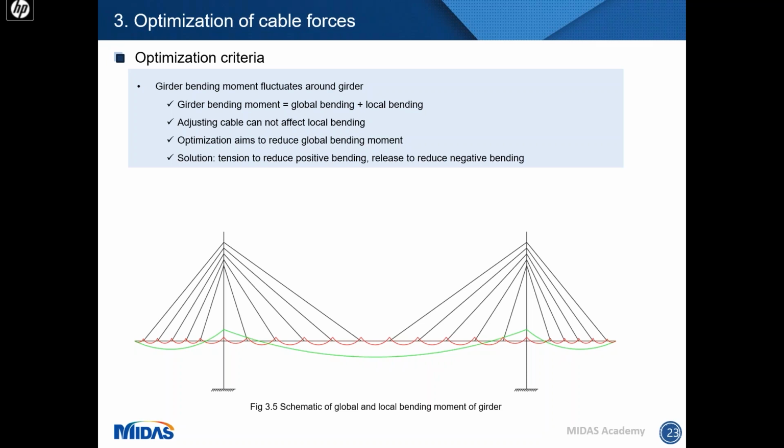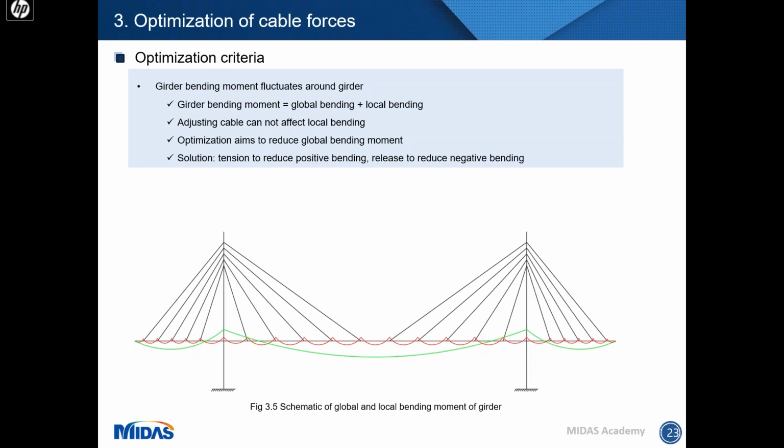Obviously, adjusting cable forces can change the global bending, but it cannot change the local bending. However, the local bending moment usually is very small because the cable spacing is very small. That's why, compared to early cable-stayed bridges, recent cable-stayed bridges have more and more cables.